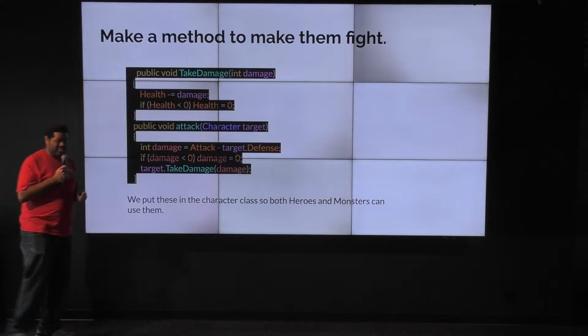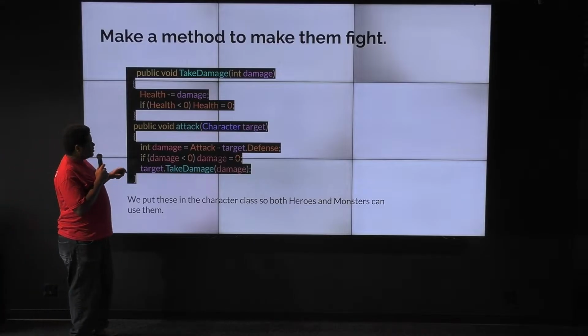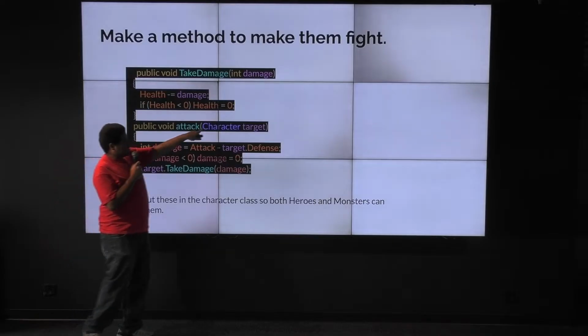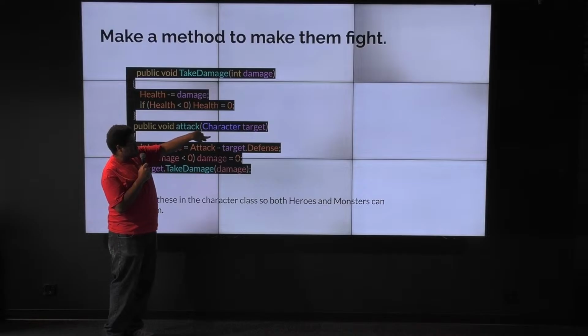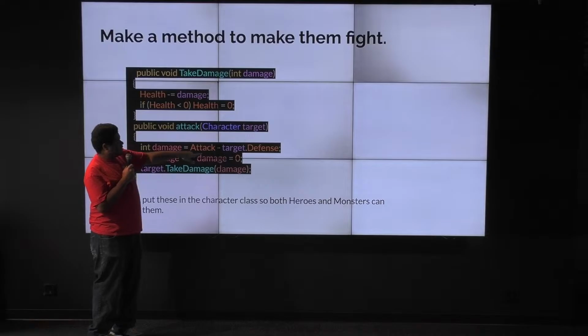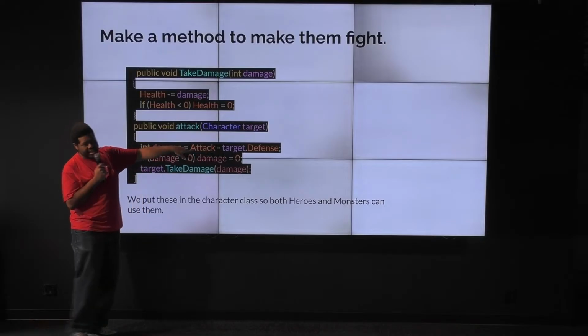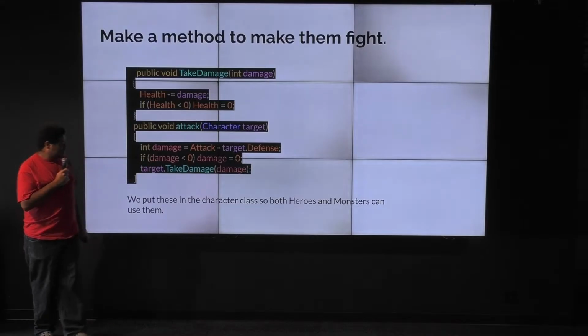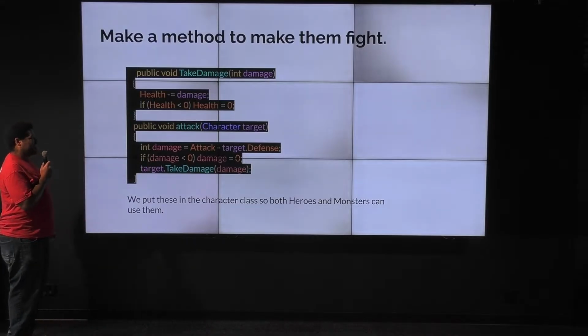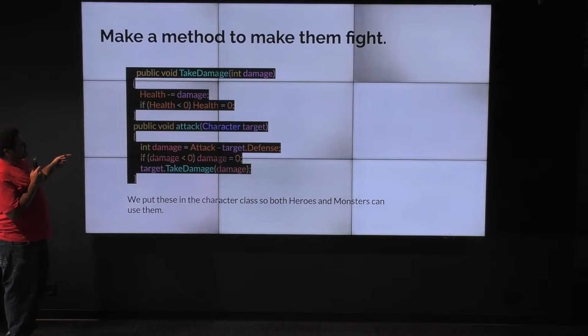And so if you don't want to do it this way, you can set the first parameter to hero and the other one to monster, and have target be monster, and it would be hero.attack. But that's how you would make sure that works.